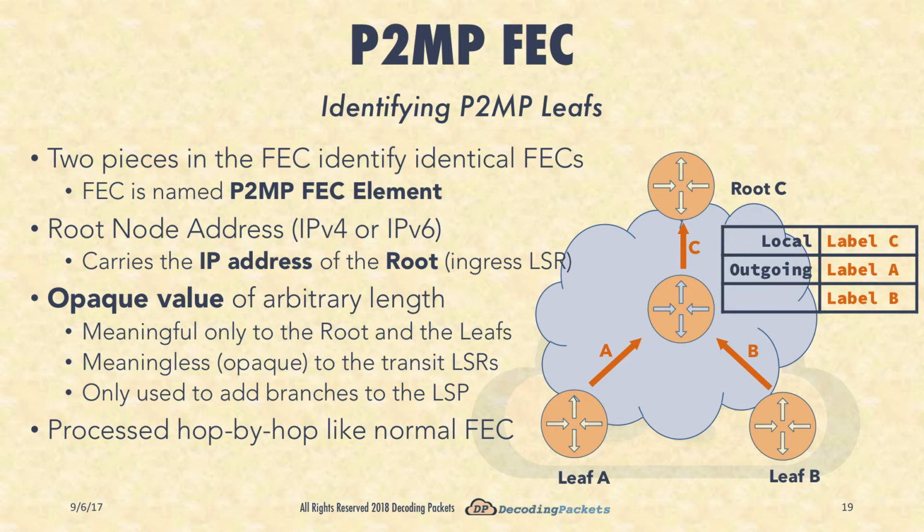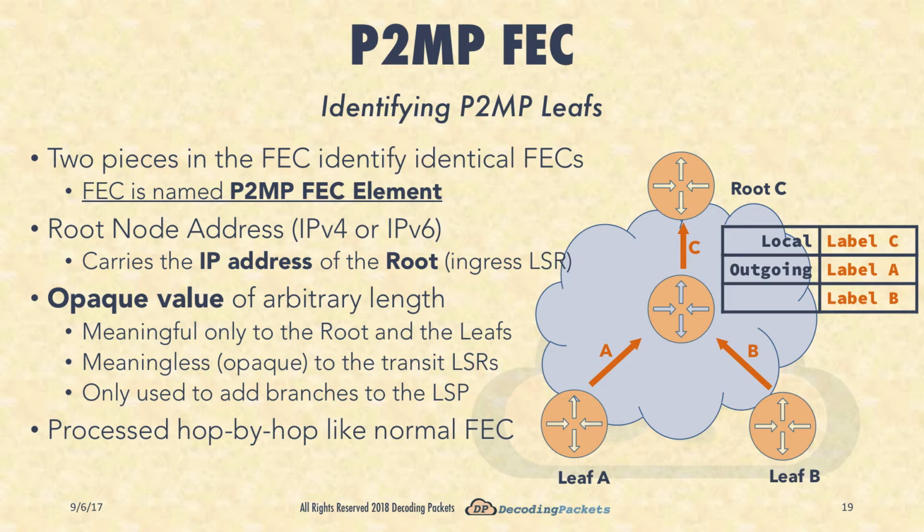Let's take a look at the main element here that brings this whole thing together. That is, it allows the upstream LSR to associate the MLDP signaling from various downstream LSRs together into one point-to-multipoint LSP. In the case of point-to-multipoint LSP, this element is the P2MP FEC element.